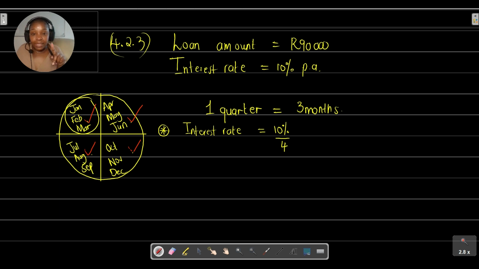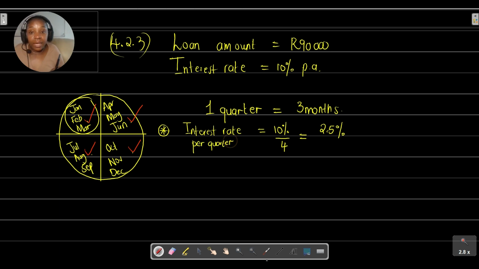So we take that 10%, we divide it by 4, and you'll see that you actually get 2.5%. So that is the interest rate that will be charged per quarter.